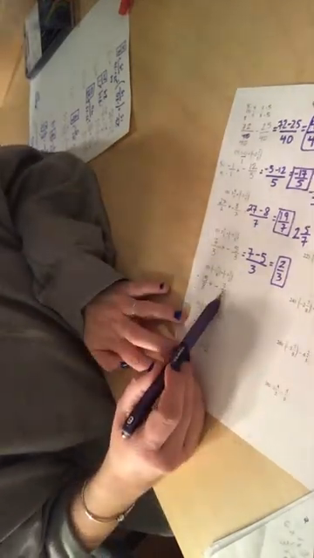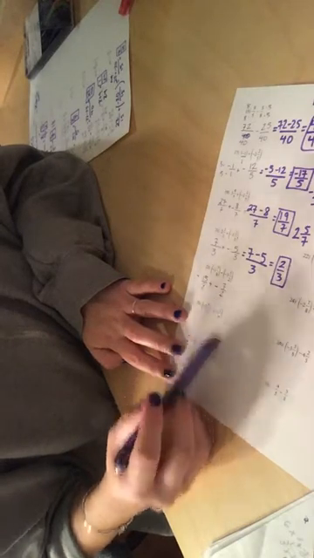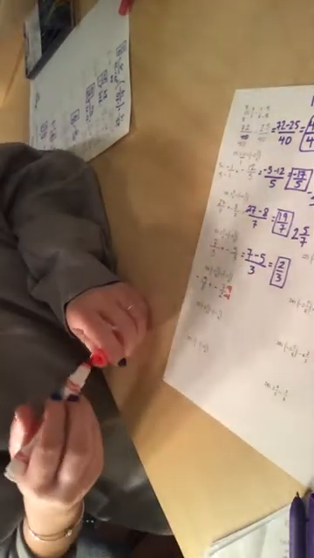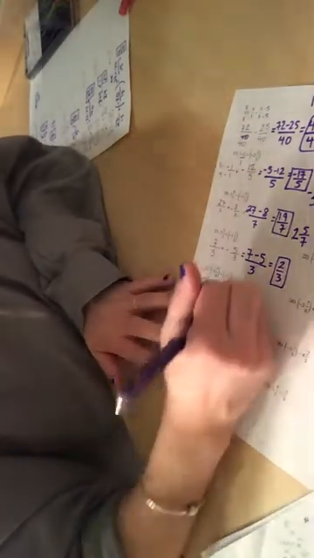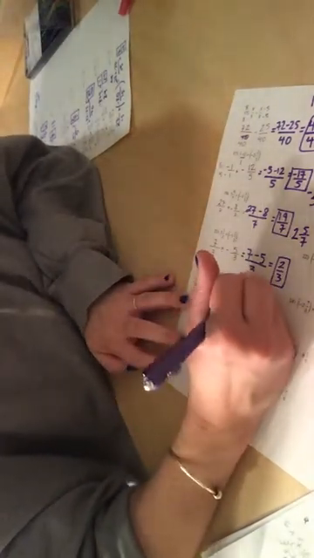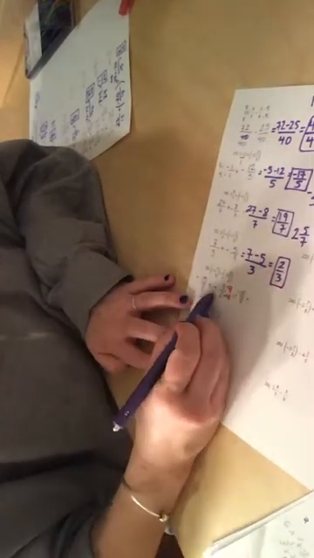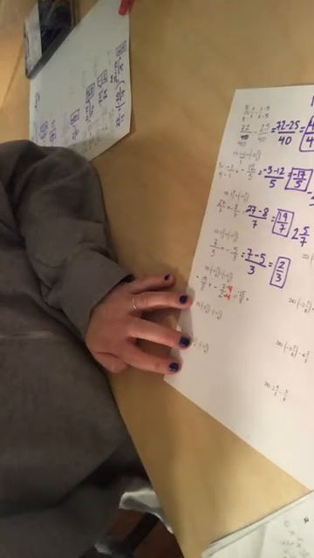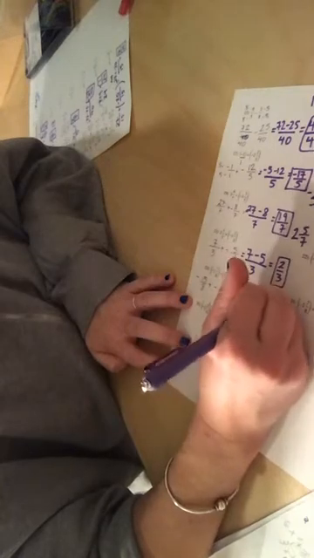If I have an 8 and a 2, I know that if I multiply the right side by 4, I'll create a common denominator, right? So if I multiply bottom and top by 4, I'll get a common denominator. So I would have negative 15 over 8, and so negative 7 times 4 is negative 28 over 8.